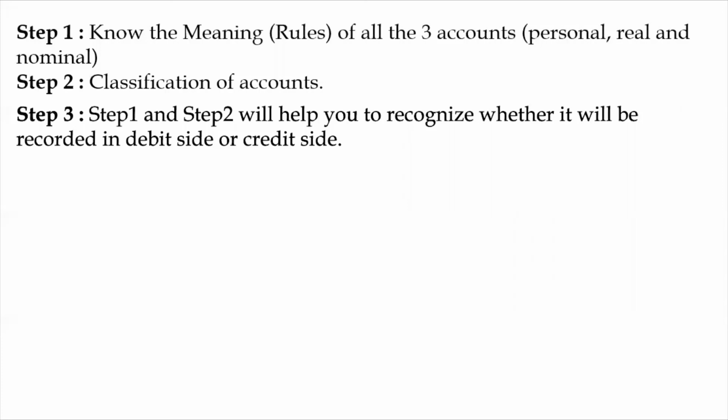Okay, so in our previous question, question number 4, transaction number 1 was Abhendra started a business with cash. In that transaction, two accounts were involved: cash account and the second is capital account, the owner's account. Okay, we cannot write owner account, we write capital account.